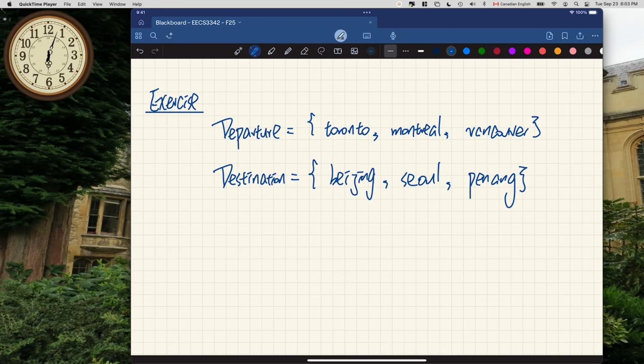And now, let's create a relation. I'm saying that airline is a single relation. How do I express that? It's a member of a relation between departure and destination.